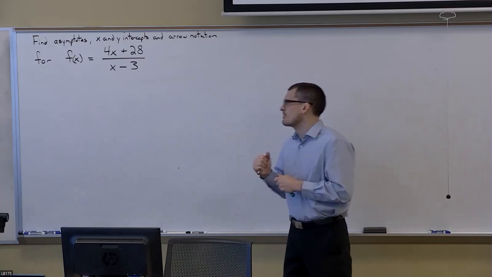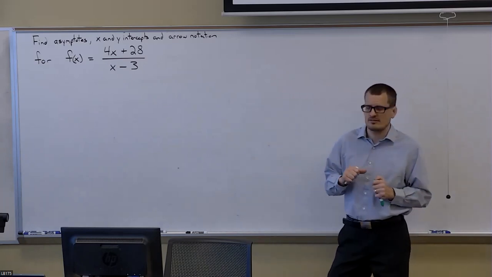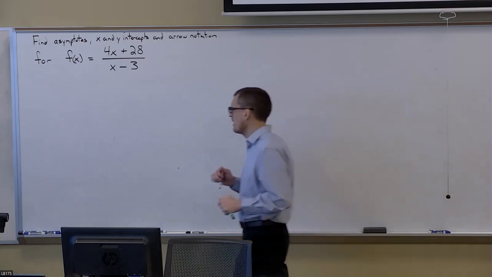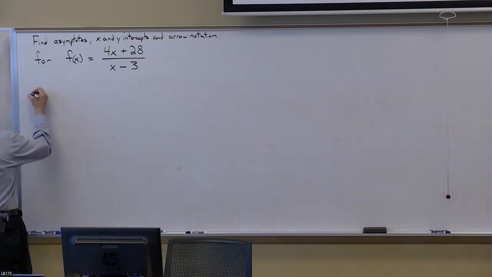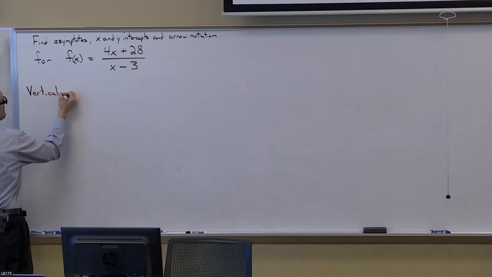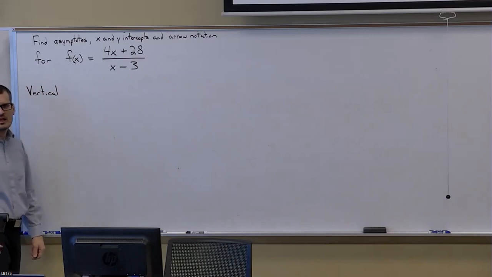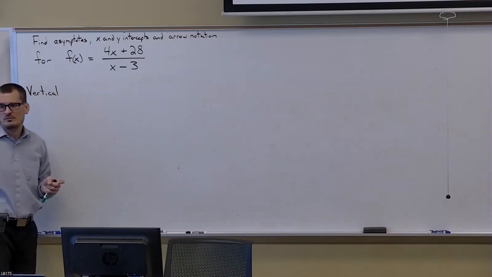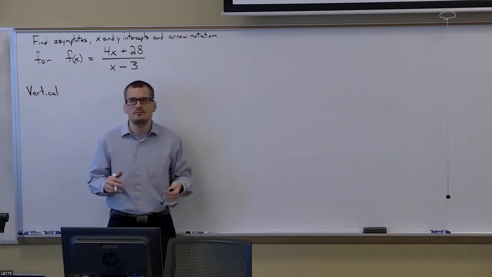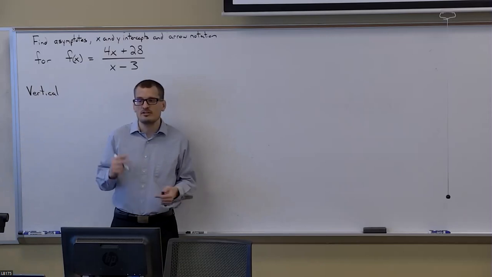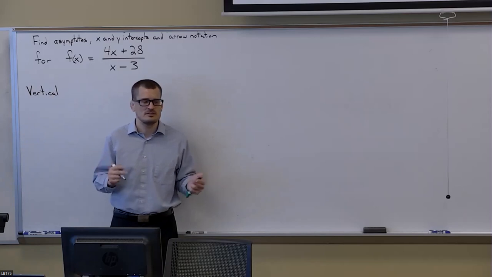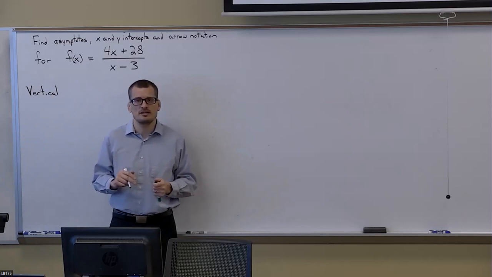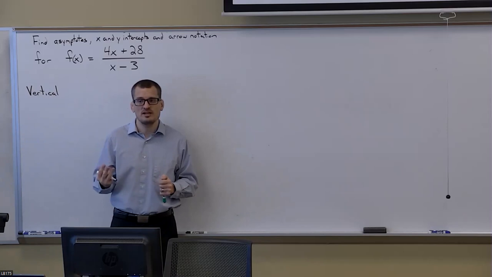All right, so let me go through this. I'm going to look for my vertical asymptote first. I say vertical asymptotes, singular, because I know there's one place where the denominator is 0, but if the denominator happened to be a quadratic, there might be 2 places where the denominator could be 0, right? You could have 2 solutions. If the denominator was cubic, there might be 3 places.